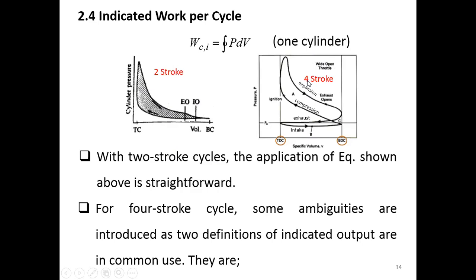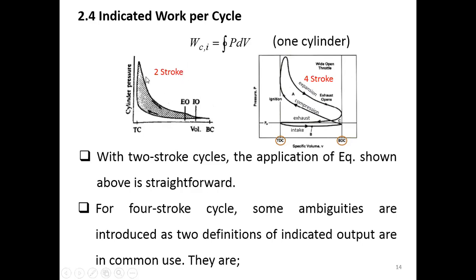In thermodynamics, the two-stroke PV diagram is more familiar to you. For the four-stroke PV diagram, I think most of you probably haven't seen it, not familiar with it. But for two-stroke, you are familiar with it.